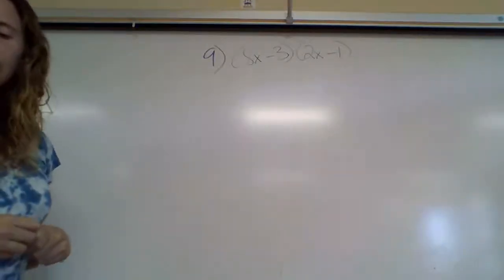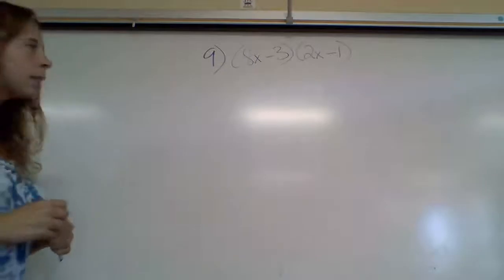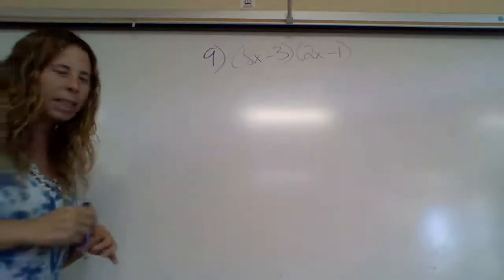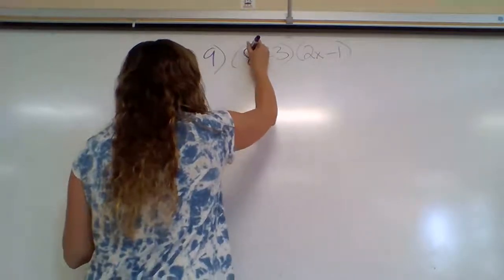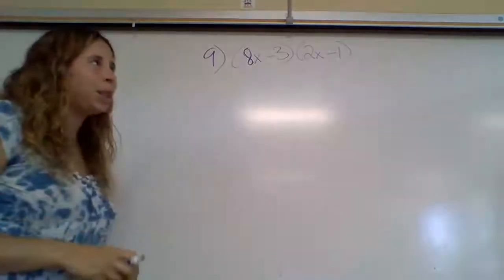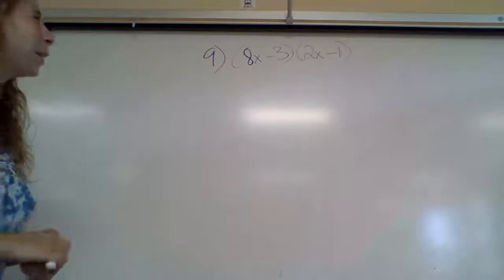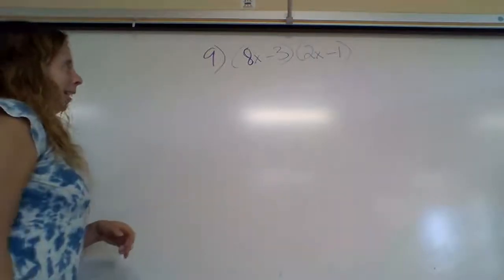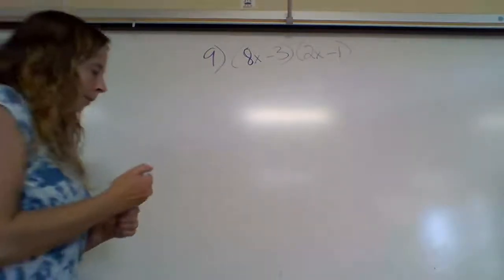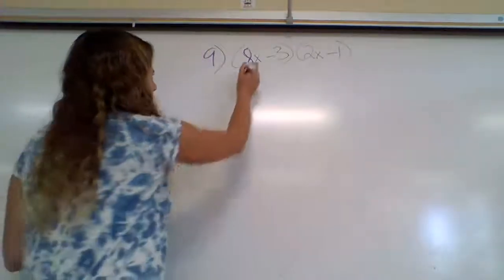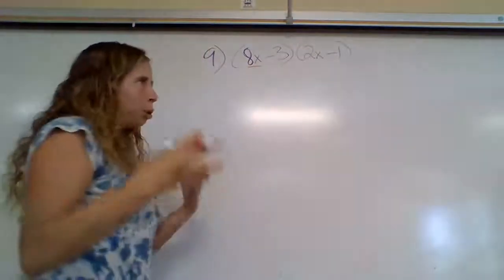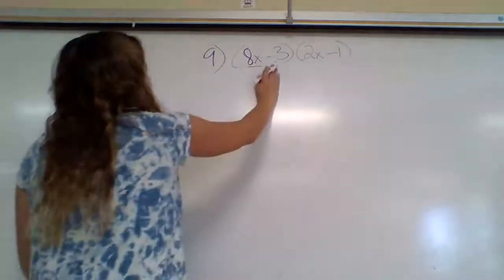All right, this is number 9. 8x minus 3, that's an 8. 8x minus 3 times 2x minus 1. Okay, so once again, take it one step at a time. I'm going to start out with distributing my 8x, so I'm going to ignore the negative 3.